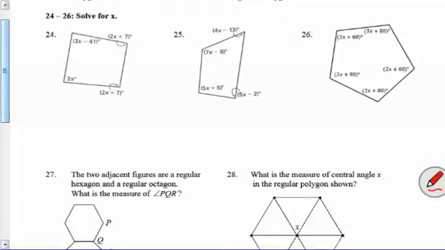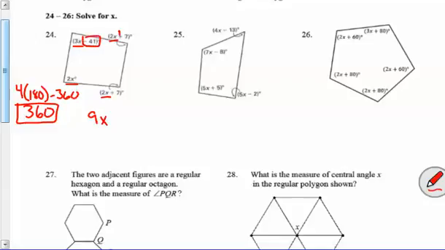The last set of problems we'll talk about are when you're given a quadrilateral or a pentagon, and you're given interior angles, and you're trying to find x. Quadrilaterals always add up to 4 times 180 minus 360. Quadrilaterals add up to 360 degrees. So if I was to add up all of these, 2x plus 3x plus 2x plus 2x would give me 9x.